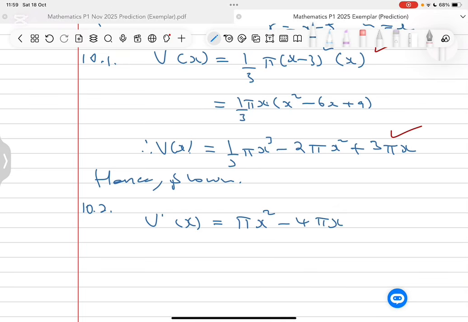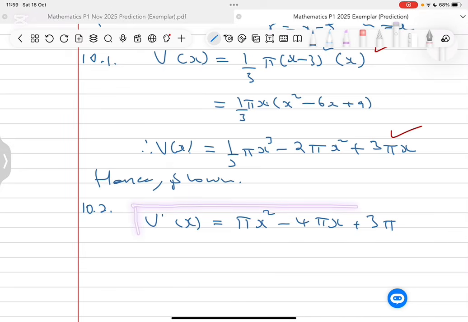Then my x will just be an x. Then here we have an invisible 1. Remember, we're going to multiply this with a 3, so that I have a 3 pi. Then here I'm having 1 minus 1, which is a 0, and we know that x to the power 0 is just a 1.